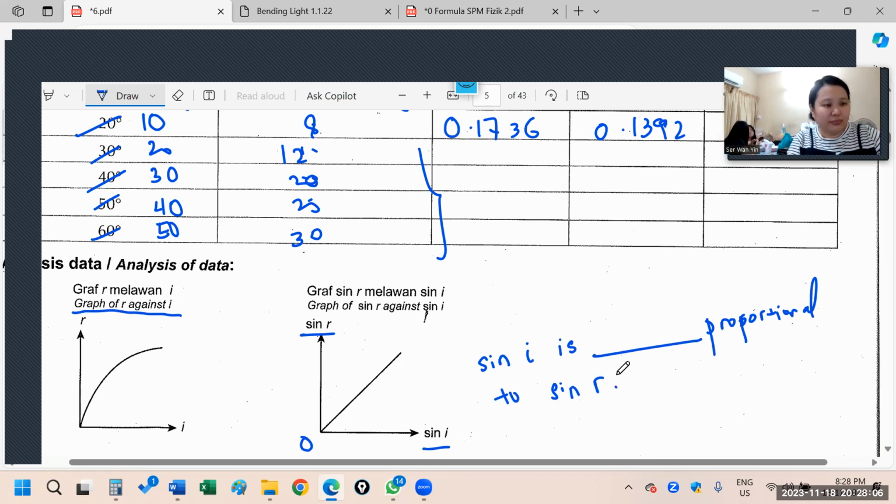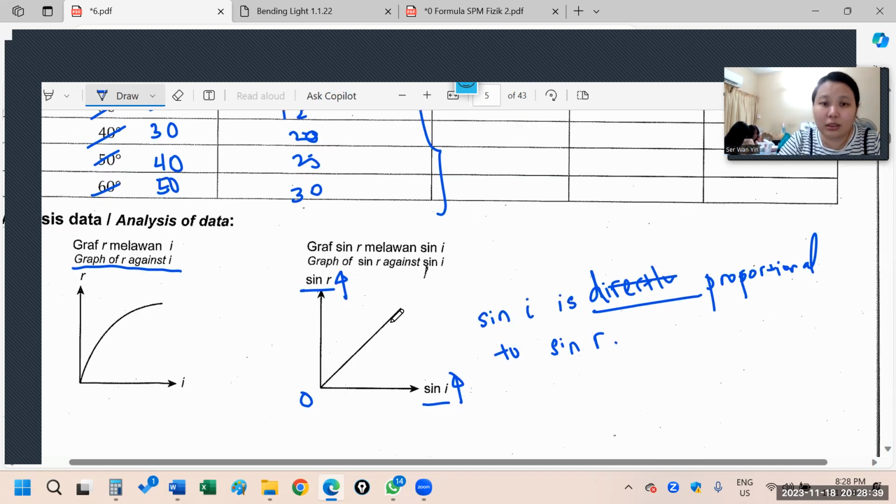Directly or inversely proportional? Okay, it's directly. Very good. Starting from 0 means directly proportional, meaning when sine i increases, sine r also increases.